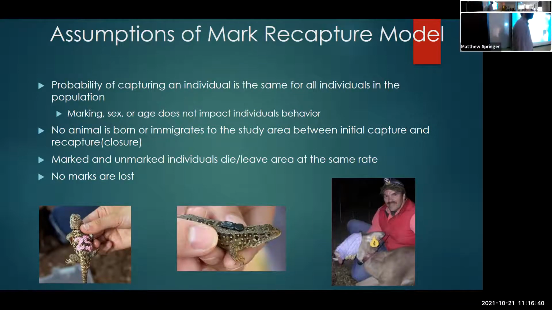So if you're trying to estimate population at the second capture time, so at the end, if an animal dies or leaves, could it be potentially in that population study? It's dead. It's not there, right? So the math doesn't really care if it is dead or leaves because it's no longer in existence.